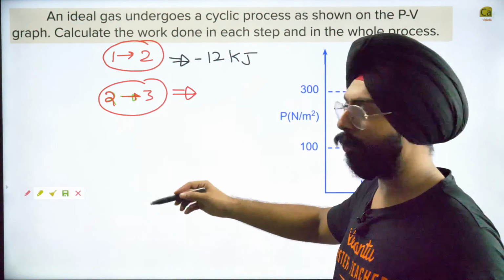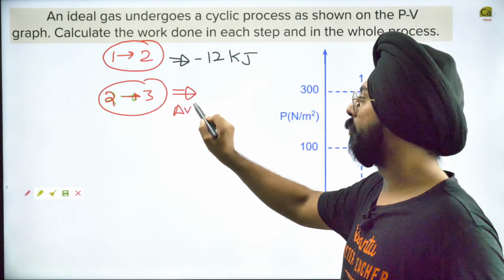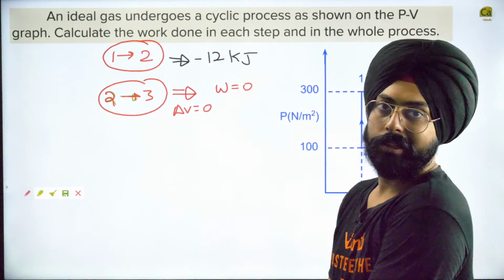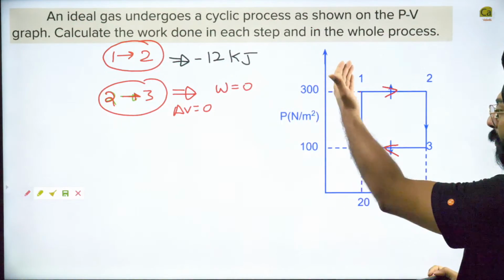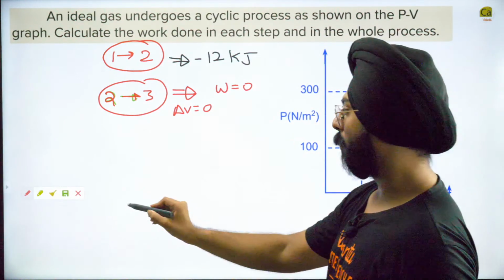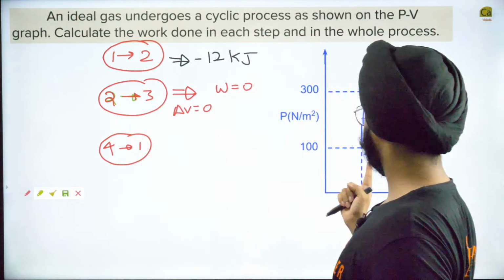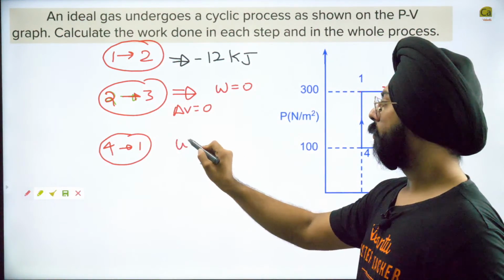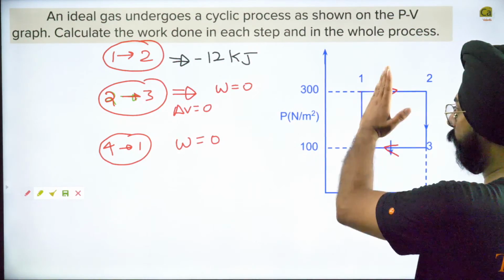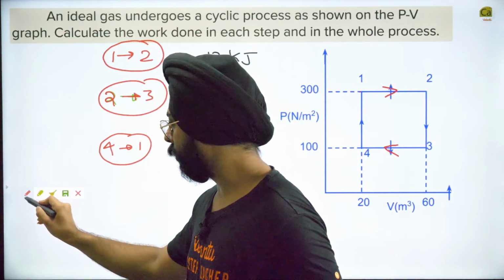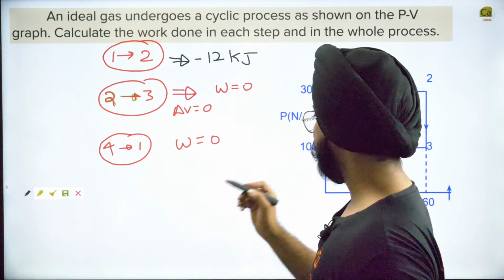So for an isochoric process, since delta V is equal to 0, I can simply write work done is equal to 0. Similarly, I can say for this one as well, 4 is to 1. For process 4 going to 1, again work done is equal to 0 because the volume is not changing over here. So the only thing remaining for us to calculate is what about process number 3 to 4.